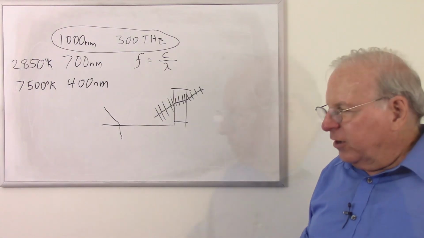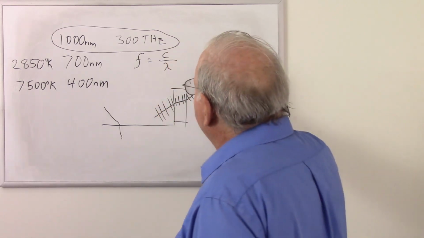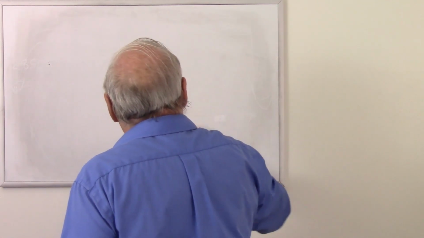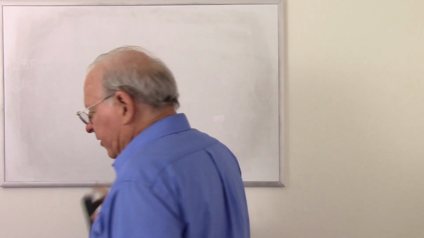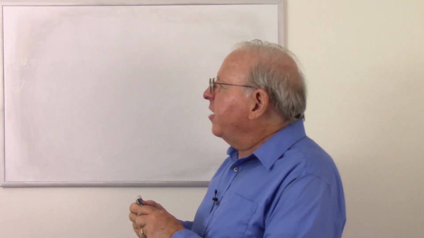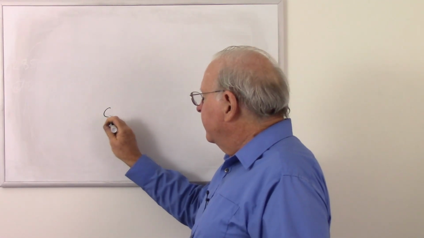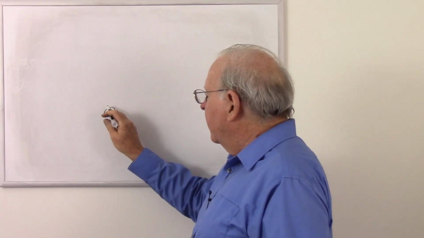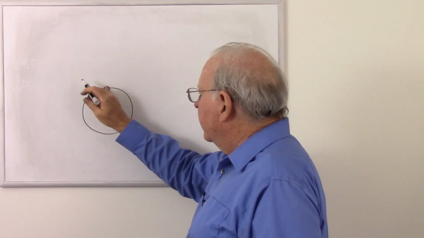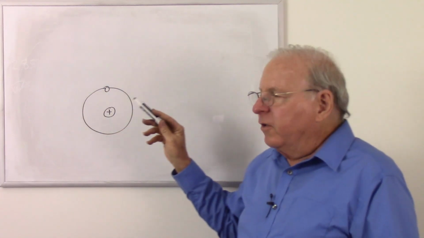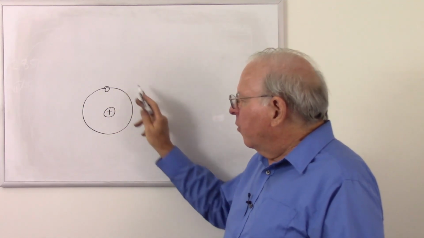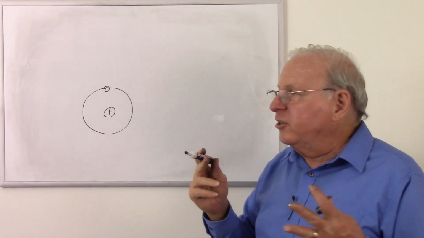So one last thing I want to say about electromagnetic waves is if we produce light a different way, we can get more pure types of light. So black body radiation is going to be broad spectrum, but let's say we have a hydrogen atom. Let's put a little proton here and being orbited by an electron. Yeah, I know that's not what really happens, but we still use this Rutherford-Bohr model for atoms to explain a few things. And the height of that orbit represents a particular energy level.